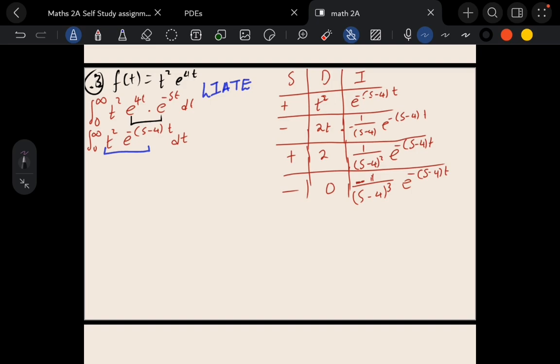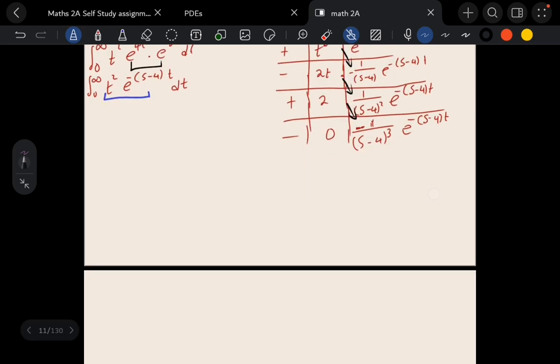And then the procedure, you know the procedure of doing this table, right?